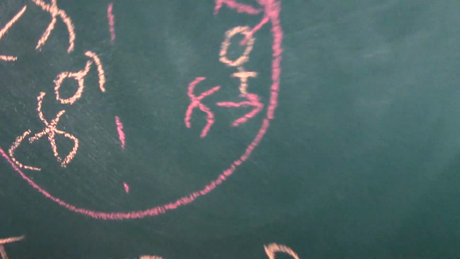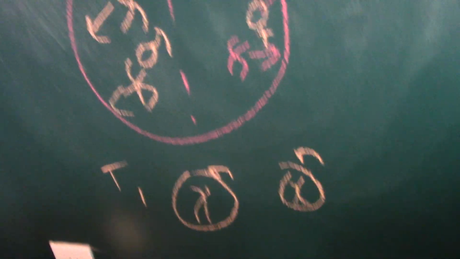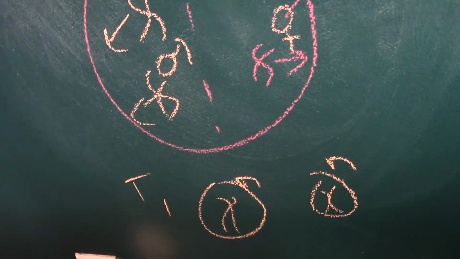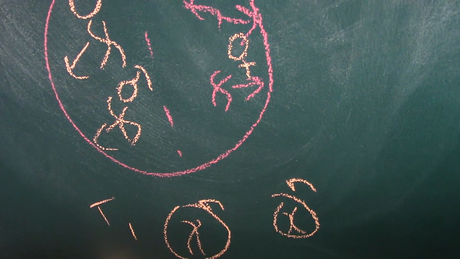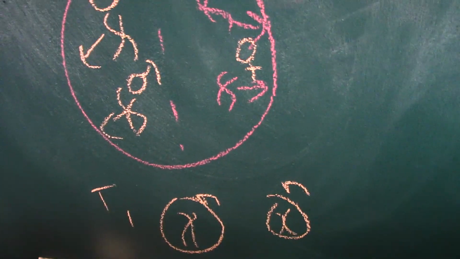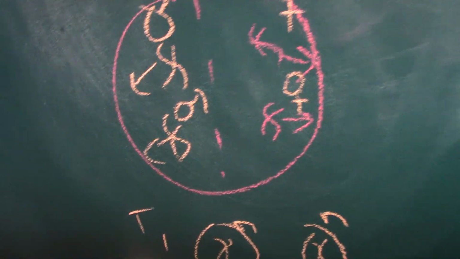And then these are now haploid cells. And they're haploid because you don't have the full set of homologous chromosomes. You have one homolog with a sister chromatid. Okay? So that is fundamental to understanding the difference between mitosis and meiosis. Okay?